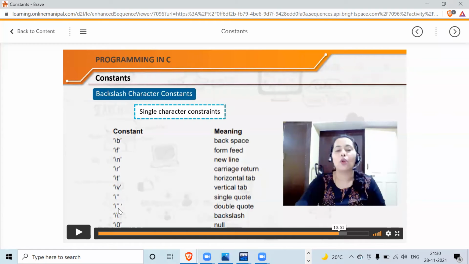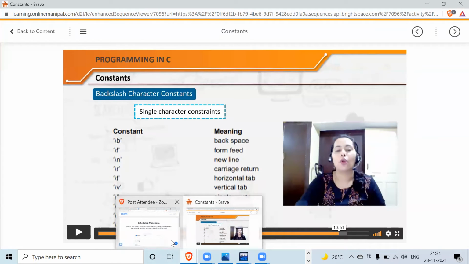Okay, this one, single quote, backslash. Okay. One is \0 also.